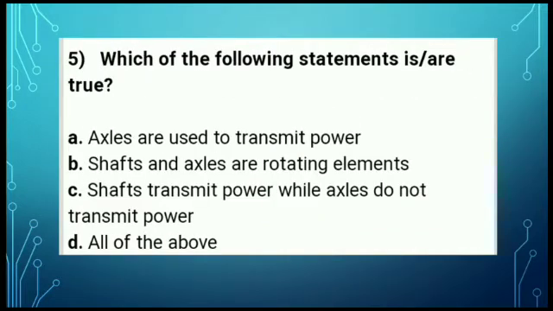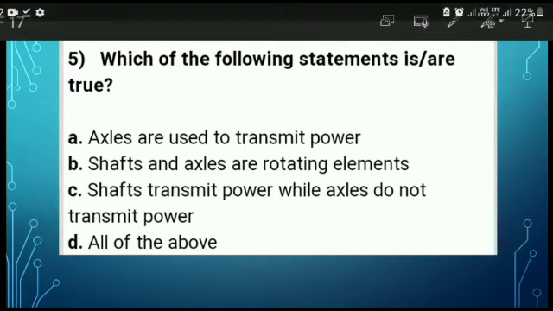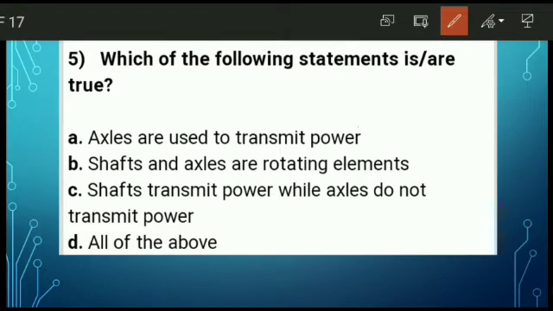Next, which of the following statements is or are true? In case of question number 5, we can see, axles are used to transmit power. This is not a true statement. Shafts and axles are rotating elements.